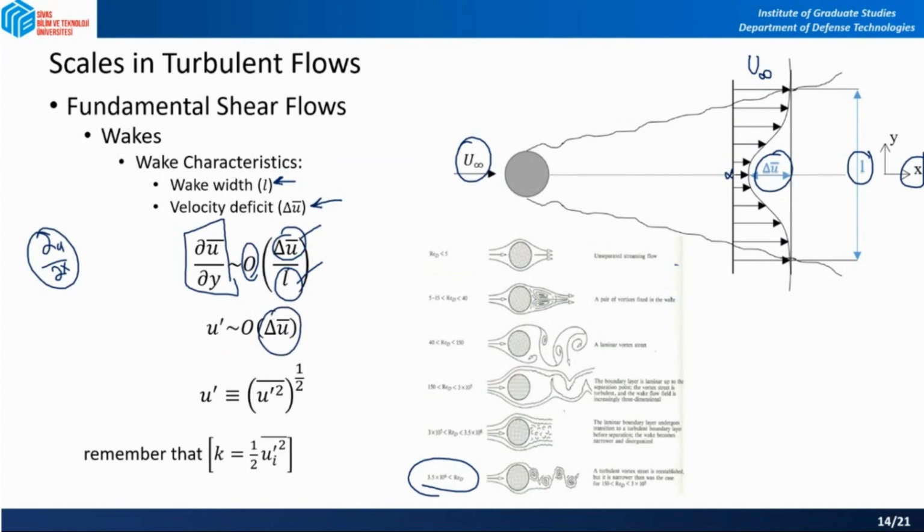Your U prime is the RMS, root mean square, of the velocity fluctuation. So it's not the fluctuation, it's the RMS of the fluctuation. This U prime indicates the turbulent kinetic energy. You know that turbulent kinetic energy is half of u_i prime squared bar, so this is the same thing as your RMS.